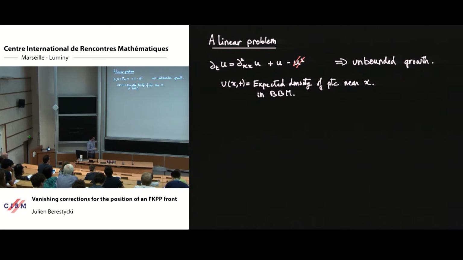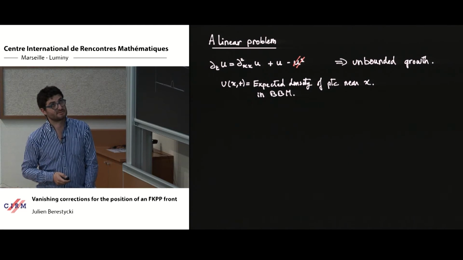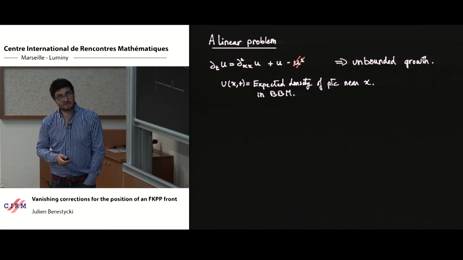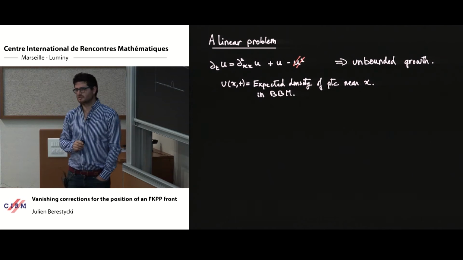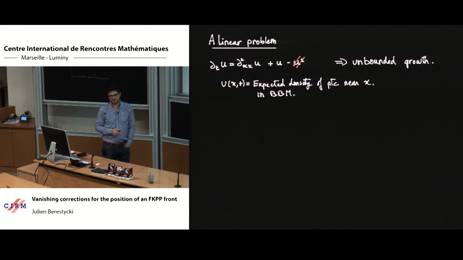Okay, so now let's go to what we did in this work. What I'm going to do is change the problem a little bit. We wanted to understand this Ebert and Van Saarloos next order term, but it's very difficult to do on the actual KPP equation, so we're going to take a problem which turns out to be a bit simpler to analyze. We linearize the problem.